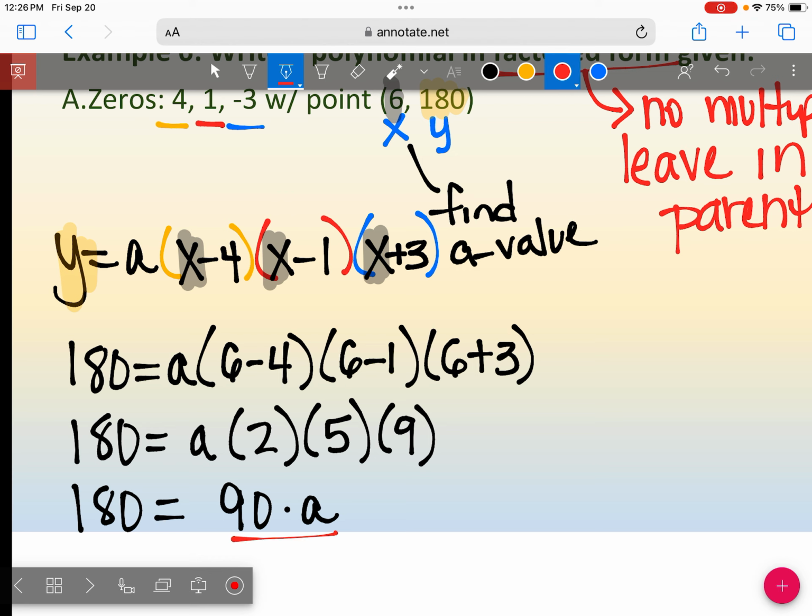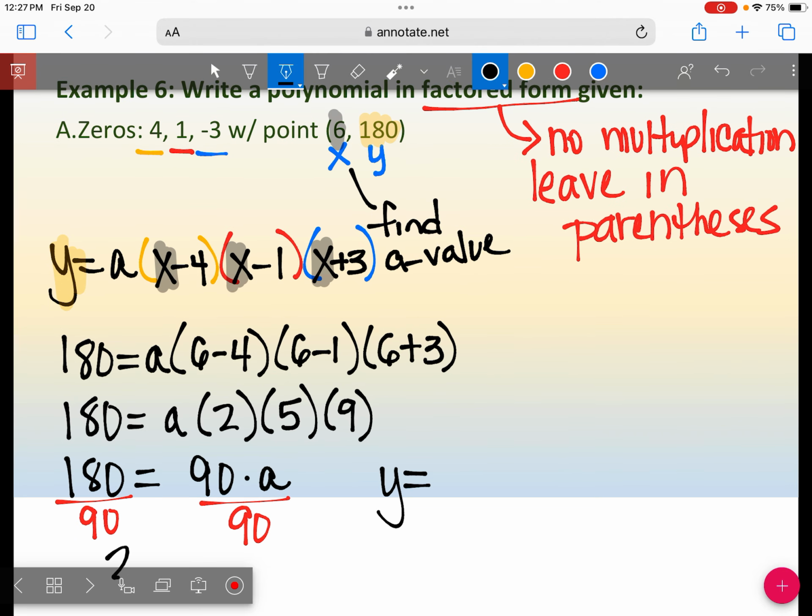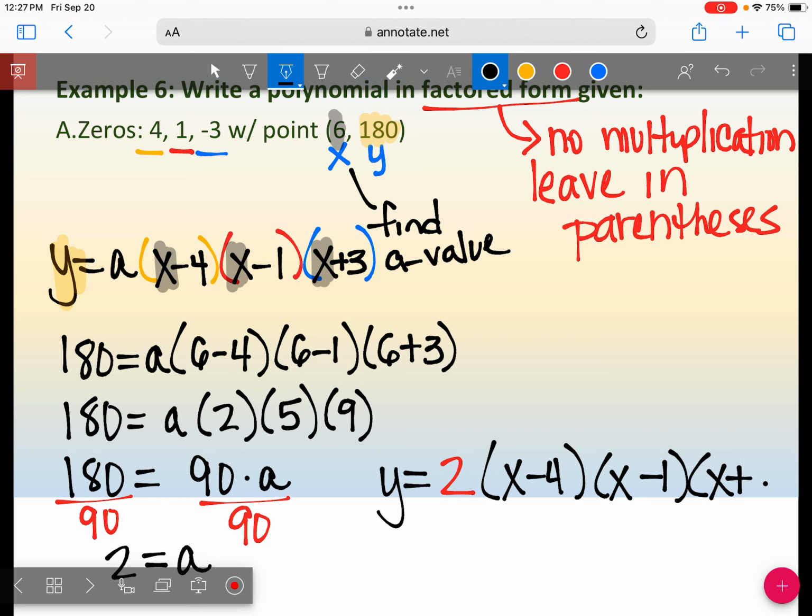So what is my A value? 2. So we have a third degree with a positive leading coefficient. So for our equation, all you have to do is go back to the beginning and rewrite it one more time. And this time, instead of putting an A, we're going to put what A actually is. So my final equation would be 2 times X minus 4, X minus 1, and X plus 3.